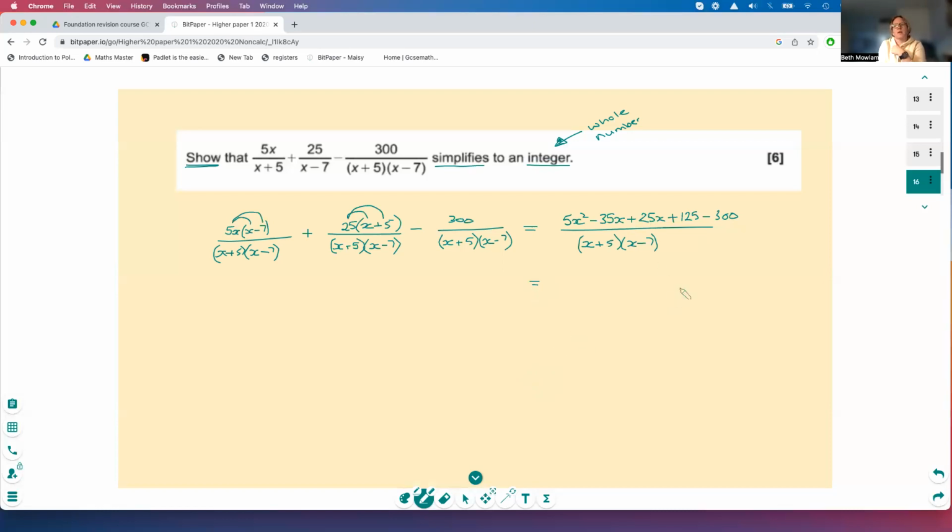So let's collect my like terms and see what I've got. 5x squared, minus 35x plus 25x is minus 10x. 125 minus 300 is minus 175.